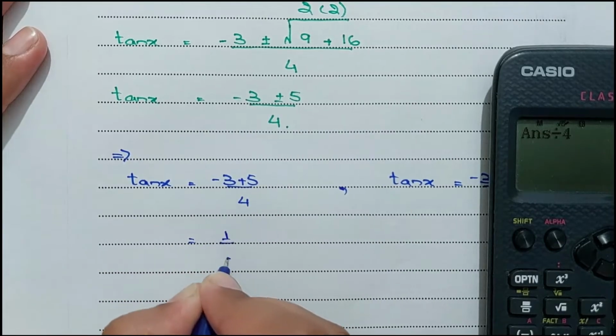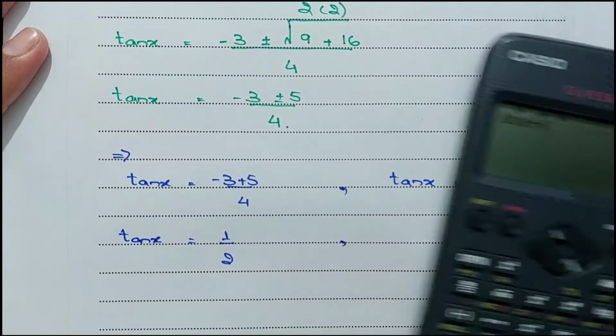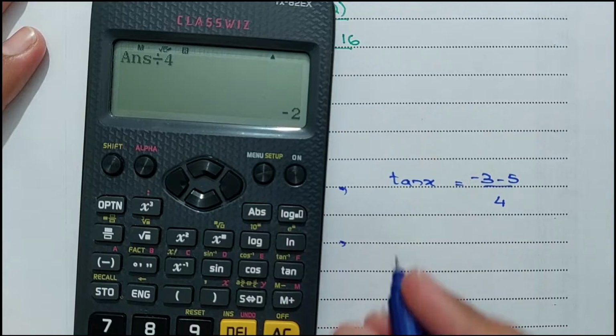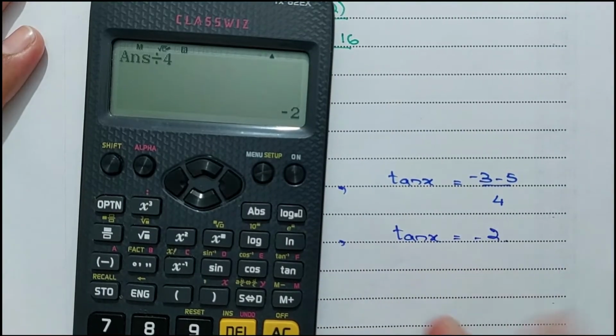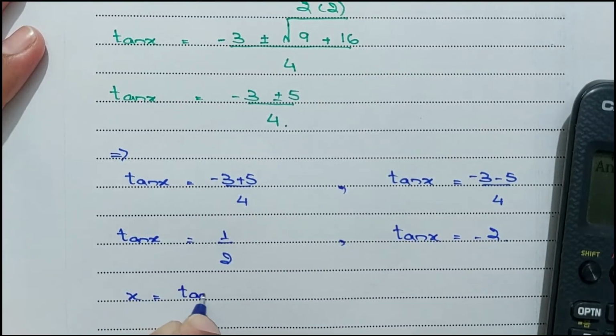Here we have 1 by 2 as tangent of x. And for the other root, minus 3 minus 5 divided by 4 is minus 2. So tan x equals negative 2. So what is x? x equals tangent inverse of half.